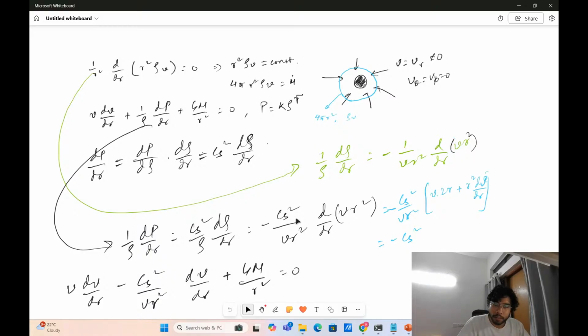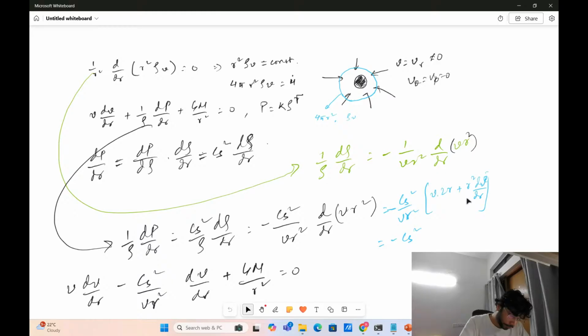So I just replace 1 by rho d rho/dr with this thing, cs square by vr square d/dr of vr square, and I get cs square by vr square times, just expanding this, v times 2r plus r square dv/dr.